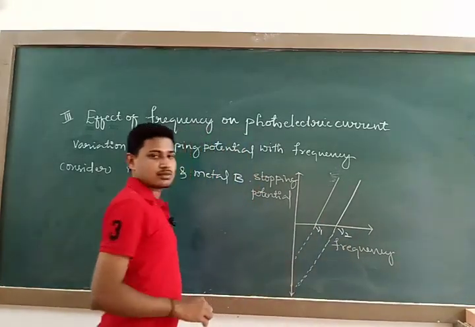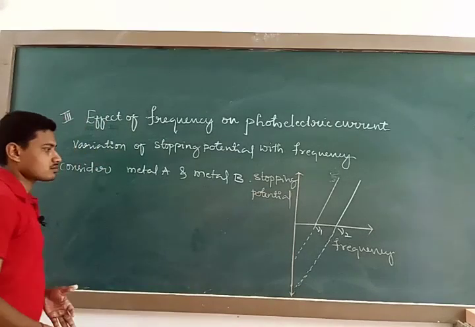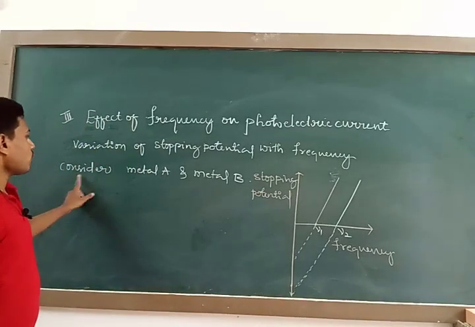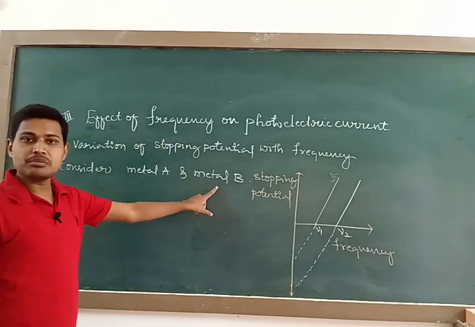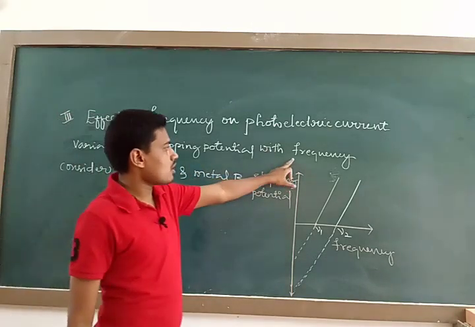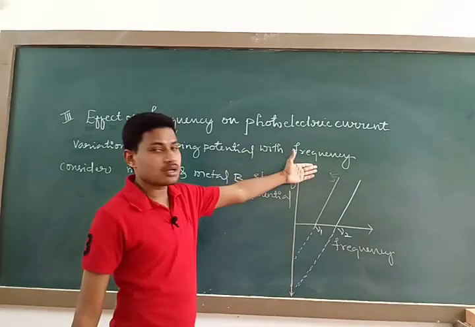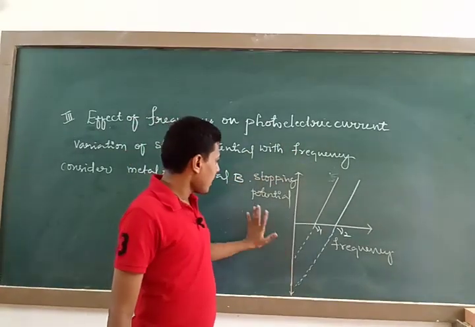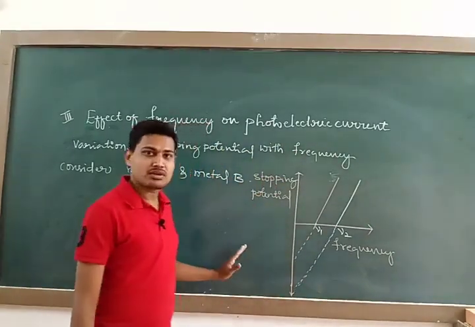See, for two metal plates A and B, the variation of stopping potential with respect to the frequency I have given in this simple graph.